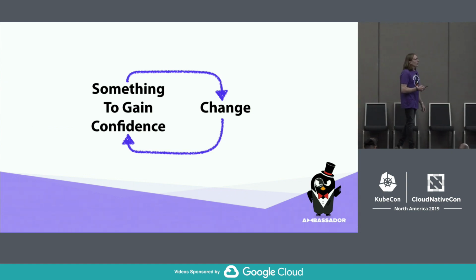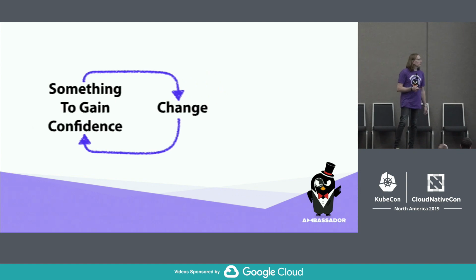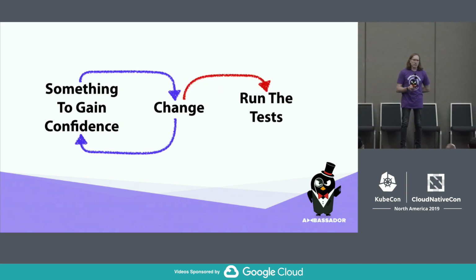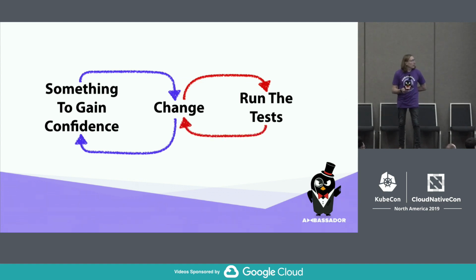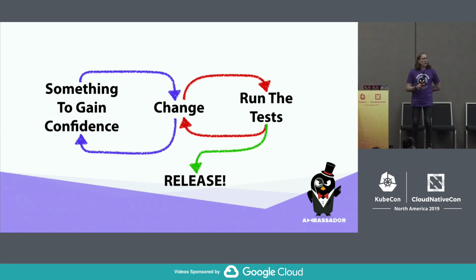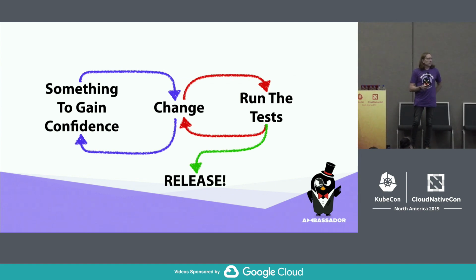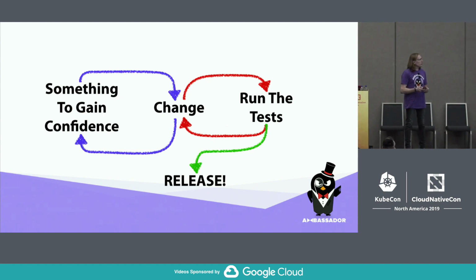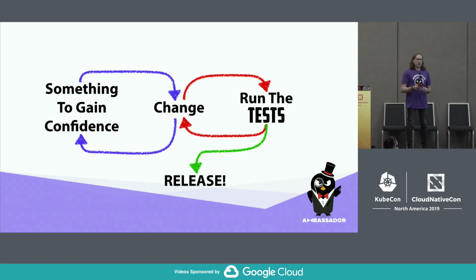At about the point where you're feeling pretty good about the change, you're feeling fairly confident, you will generally be told you must go off and run the tests, which may result in more feedback for your change, or maybe you'll end up being able to have everything pass and release. But the interesting thing here is that going off and running the tests is interesting because the tests always tend to be this fairly painful, annoying thing that is just very disruptive to what you were trying to do in development.